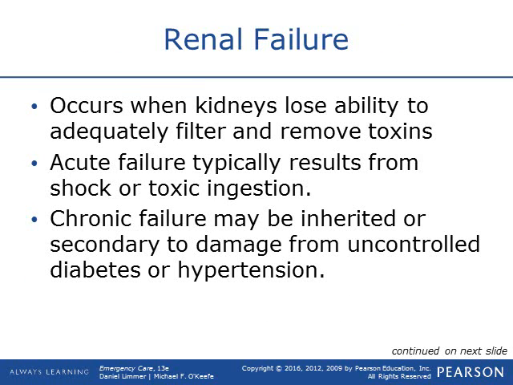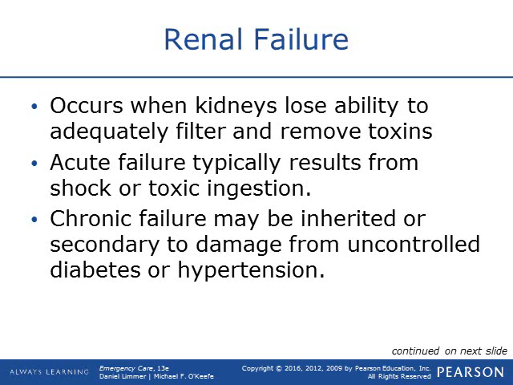Renal failure is basically failure of the kidneys. The kidneys have lost their ability to filter and remove toxins, which is their job. Acute failure typically results from shock or toxic ingestion. Some patients who have had major overdoses will be in acute renal failure and have to receive dialysis, or if they've been in severe trauma with major blood loss, they may have to undergo dialysis if the kidneys have temporarily failed.